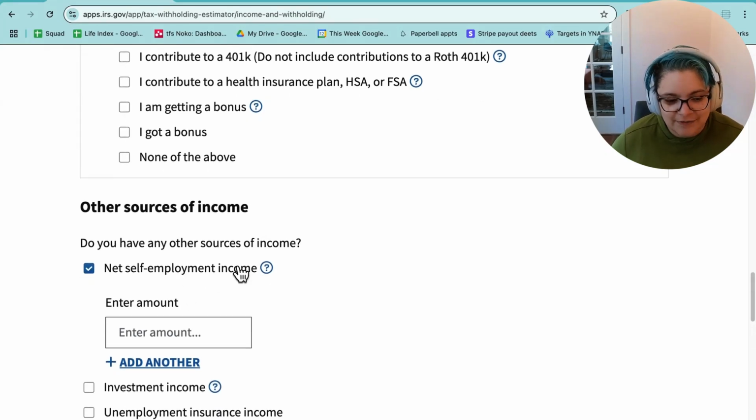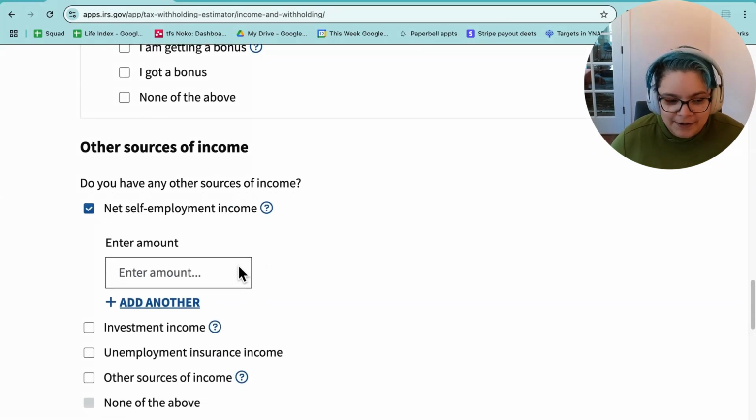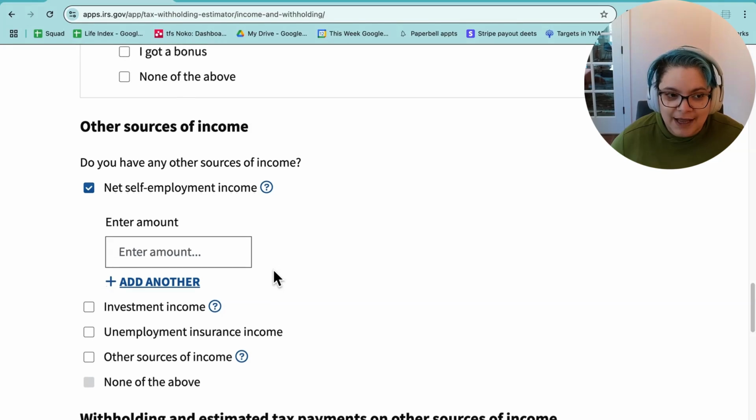We're going to enter our net self-employment income. What the IRS is asking you here for is your net profit. And as a quick reminder, when you're calculating your net profit for federal tax purposes, the amount that you pay yourself, assuming that you own a single member LLC or you're a sole proprietor, you don't get a deduction for federal taxes or for state income taxes for this purpose.